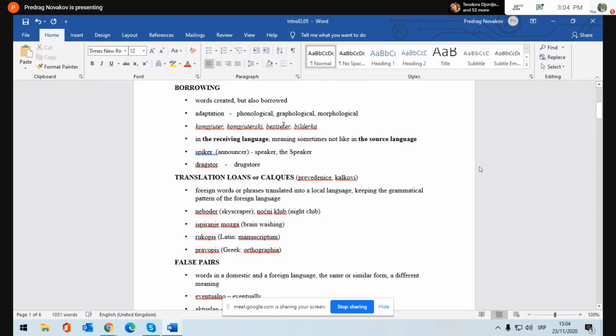Bestseller without the double L, bilderka. This is an example of morphological adaptation. You added ka, which is the Serbian suffix for females, okay? Bilderka is not added in English, but it is in Serbian, okay? So phonological, graphological, and morphological adaptation, okay?